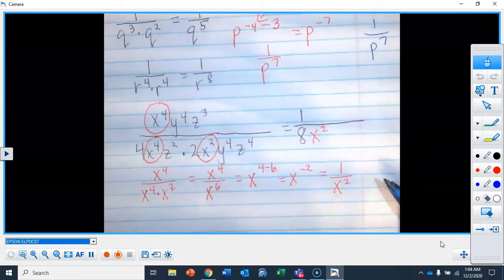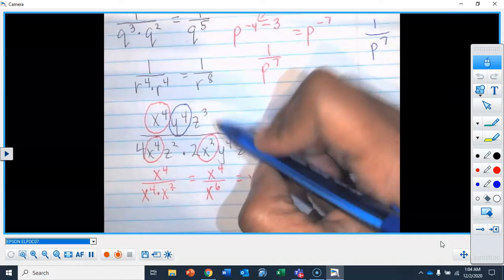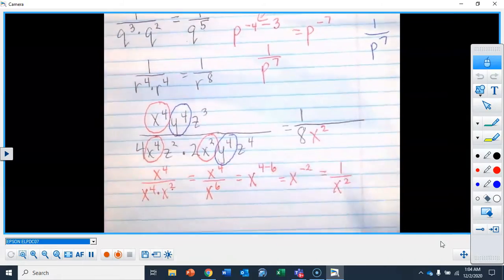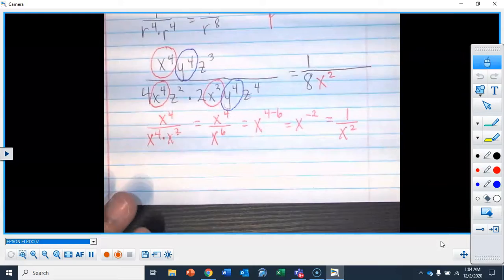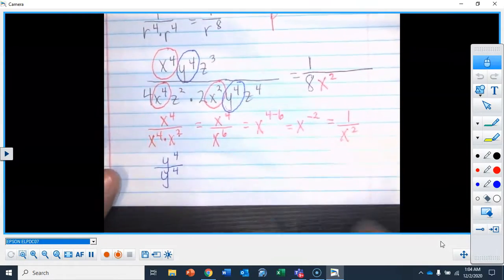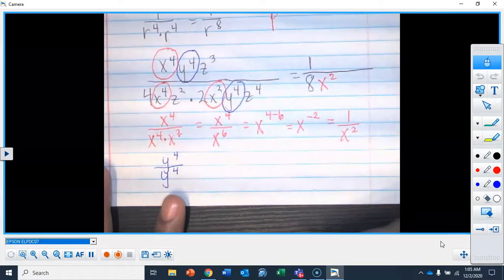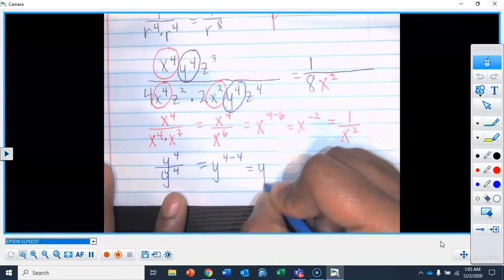Now let's do the y's. So the y's in blue, I have y to the 4th there, and y to the 4th there. Now watch this one real quick, guys, okay? In blue. So I have y to the 4th over y to the 4th. Well, when you do the quotient law, this is y to 4 minus 4, which is y to the 0.